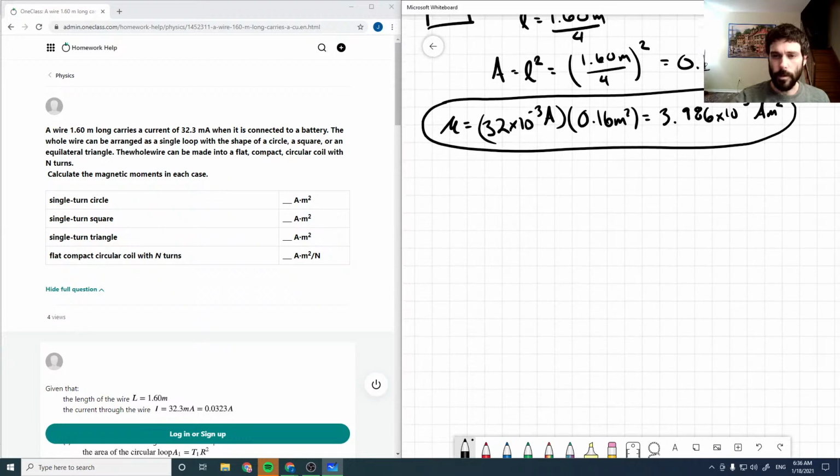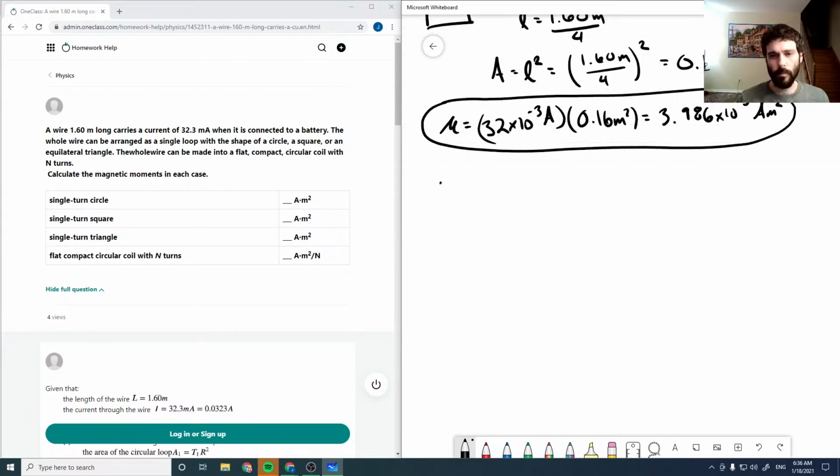And then for the equilateral triangle, oops, that was a mistake there. So our equilateral triangle is going to have each side of length L, and our area is going to be 1/2 the base times the height, as I've written it in here. It's an equilateral triangle, meaning each angle is 60 degrees.